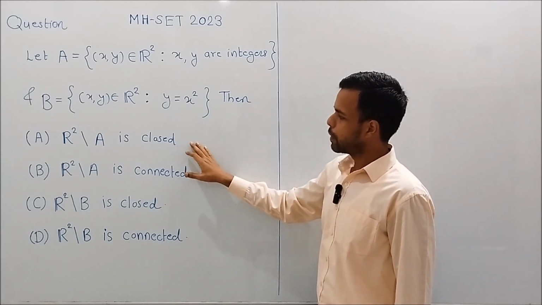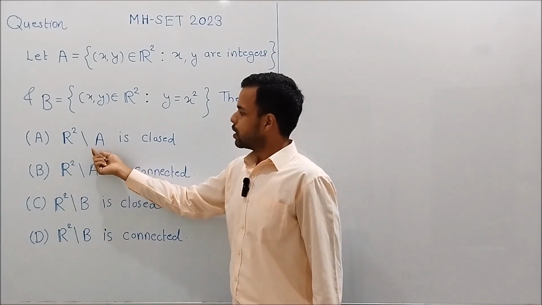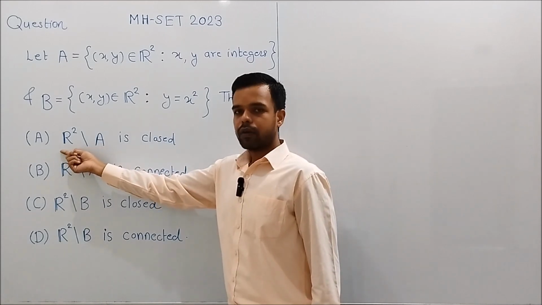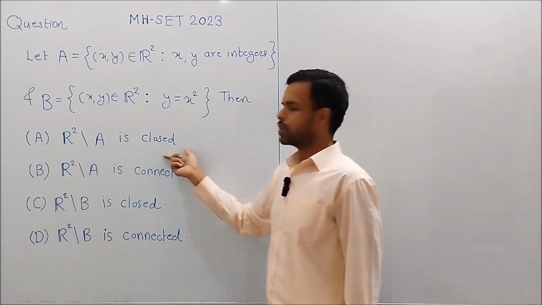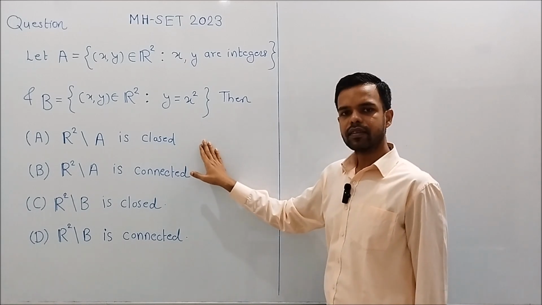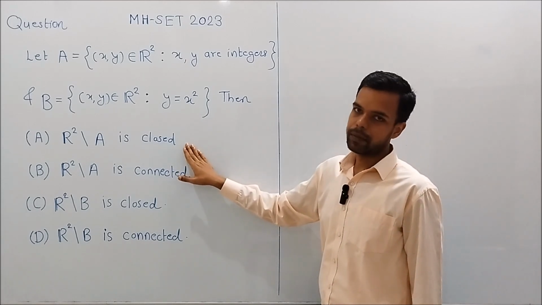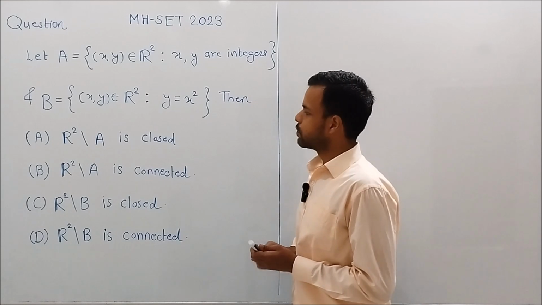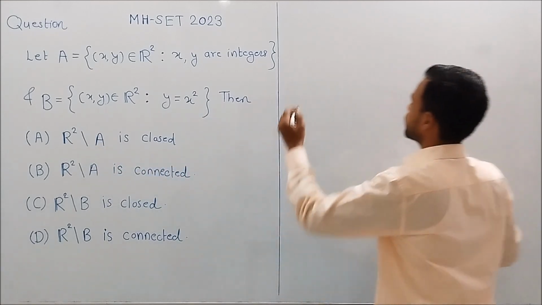So let's start with the statement in A. The statement in A is: the complement of A in R2, that is R2 minus A, is closed. Is this a true statement? No, this is a false statement. To see it, let's first write what R2 minus A is.